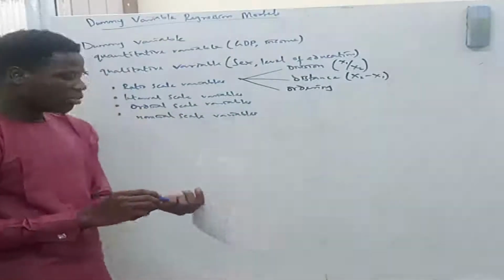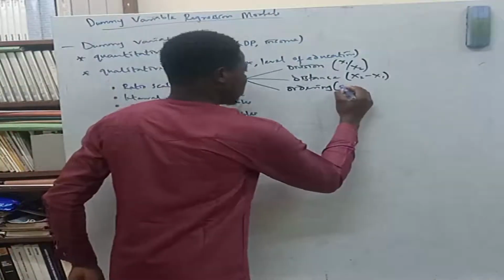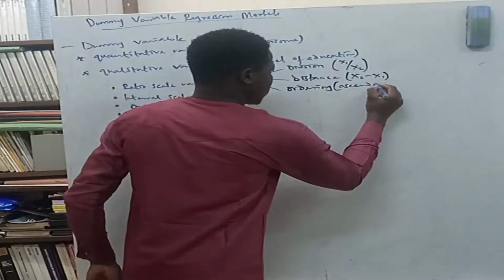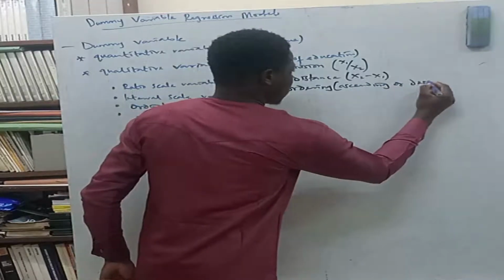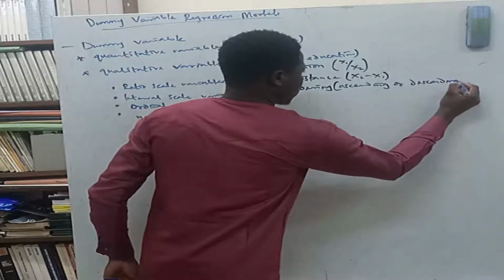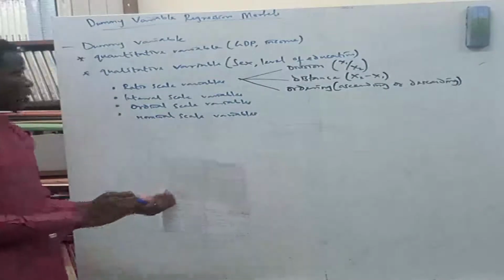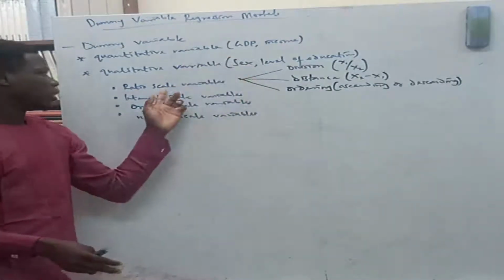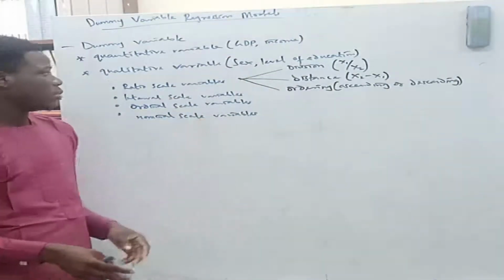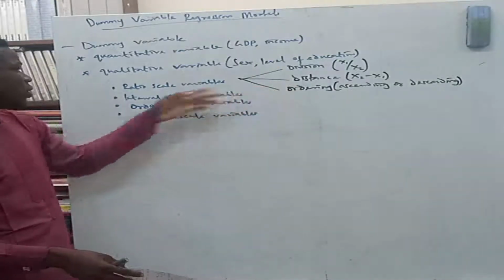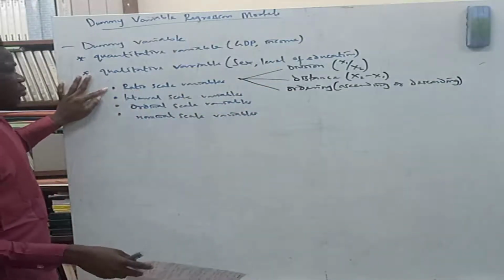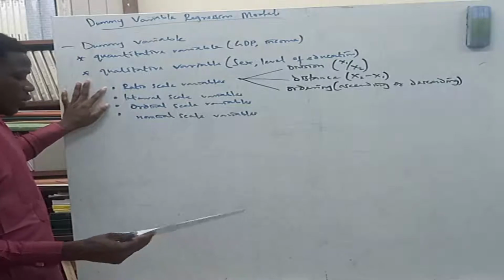You can arrange them in either ascending or descending order. So these three features are for the ratio scale variables.